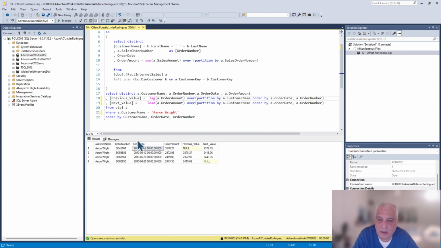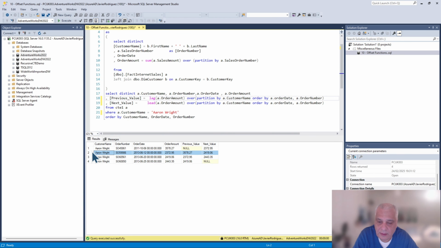So for example, in here we have the sales of Aaron Wright. If we go to the first order, the previous value we don't have, and the next value will be 2,372.